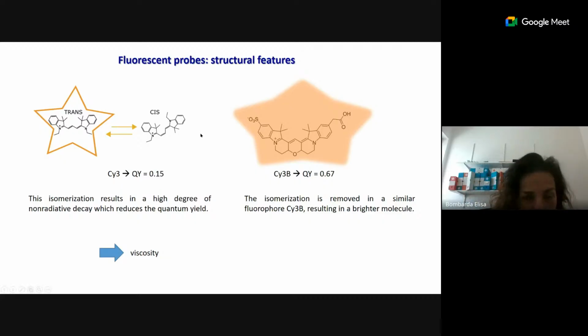So, for example, here we have the cyanine dye that can make this cis-trans isomerization. And the isomerization results in a high degree of non-radiative decay, which reduces the quantum yield of the dye. So somehow structural features may affect the fluorescence of the dye.